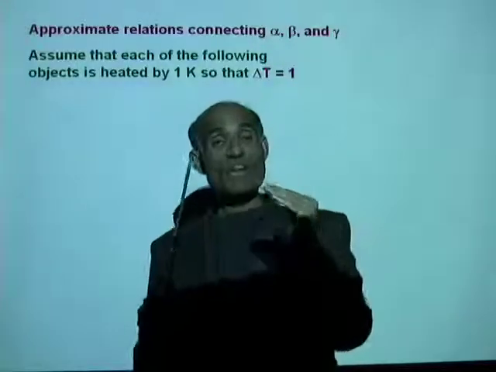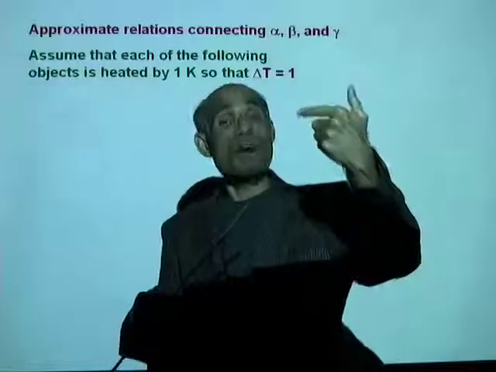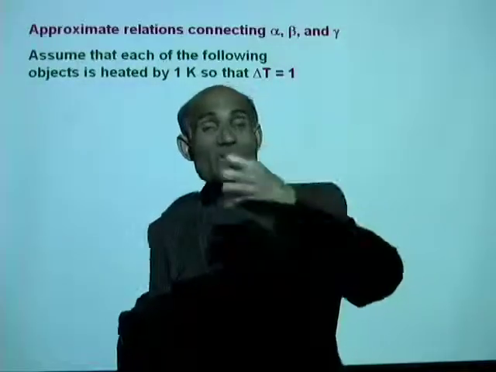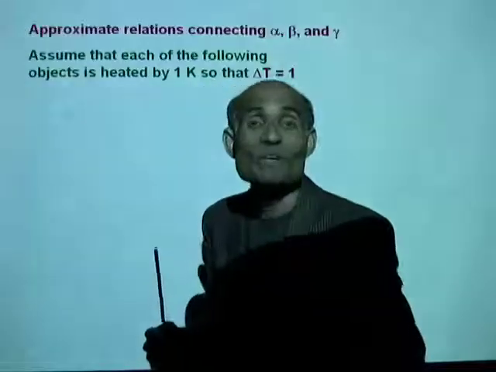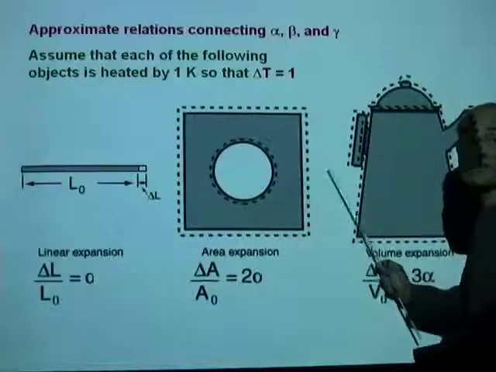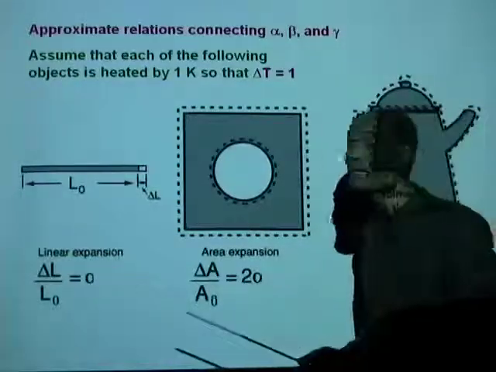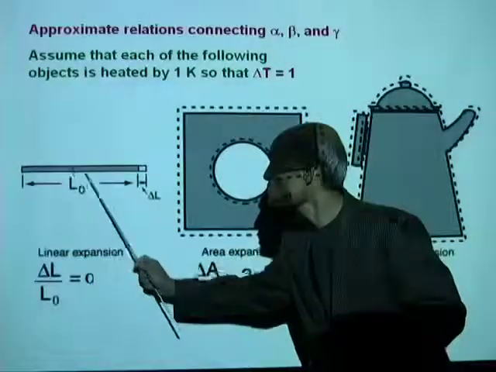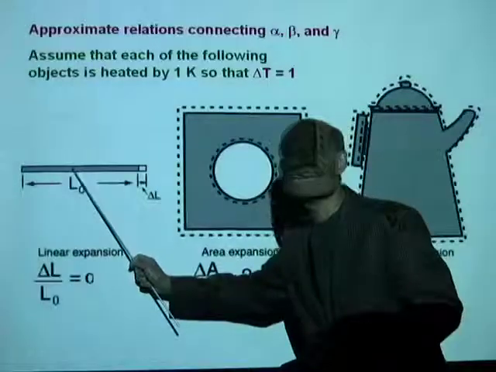The increase in area will be a measure of beta, and the increase in volume will be a measure of gamma.